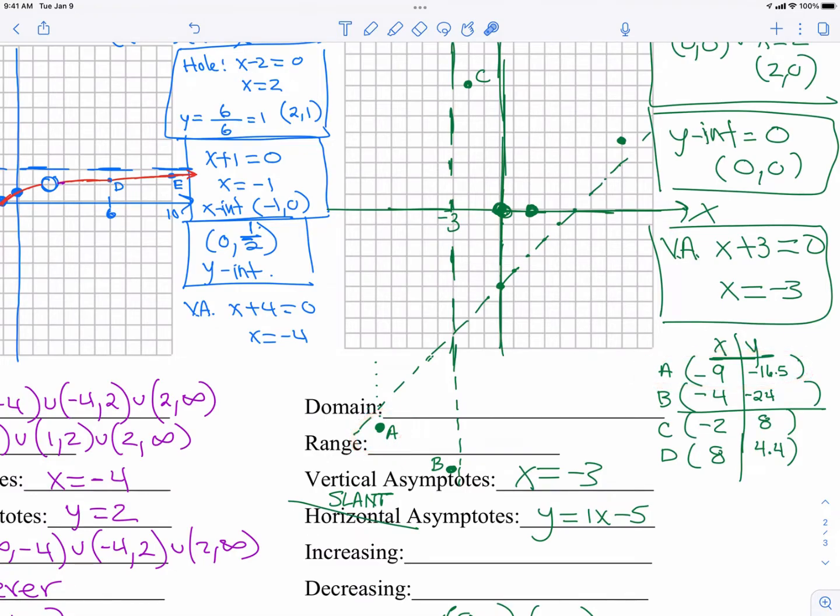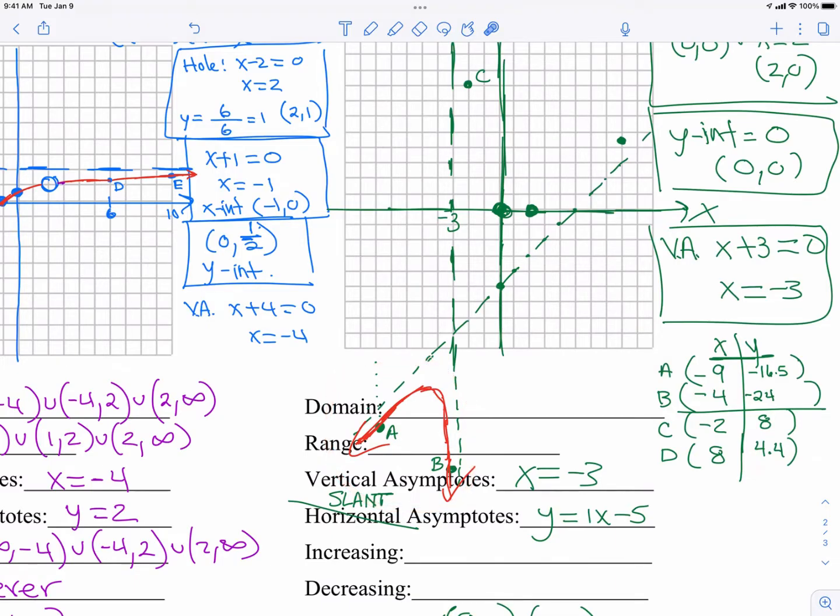And point B is negative 4 comma negative 24, which is here. And we can conclude that it has to stay in between these asymptotes here. And so the graph is likely going to do something like this. Okay, so this gives you a good idea of what's happening over in this section.